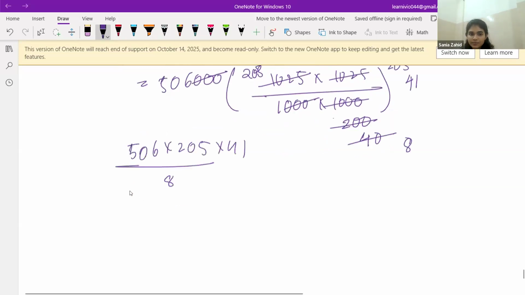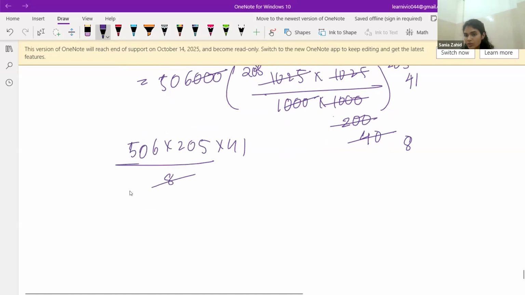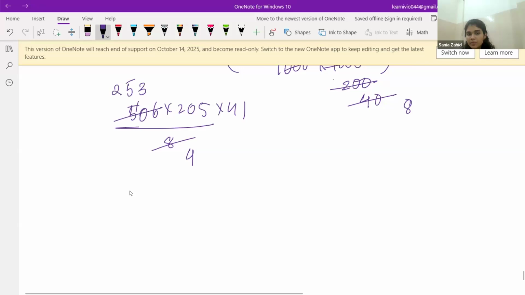See, I can still cancel. 2 into 4 is 8, 2 into 2, 2 into 5 and 2 into 3. So now you simplify this part: 253 into 205 into 40. See, 41, just make it 40. Round it off. 4 into 1, 4 into 10.